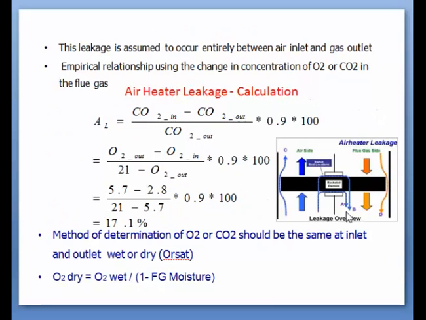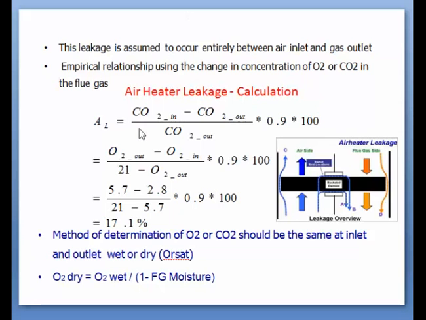How is it measured? Some empirical relation is given, based on the concentration of O2 or CO2 in the flue gas. The air heater leakage can be calculated by measuring the percentage of oxygen and CO2 in the flue gas at the air heater inlet, and the percentage of oxygen and carbon dioxide in the flue gas at the air heater outlet.